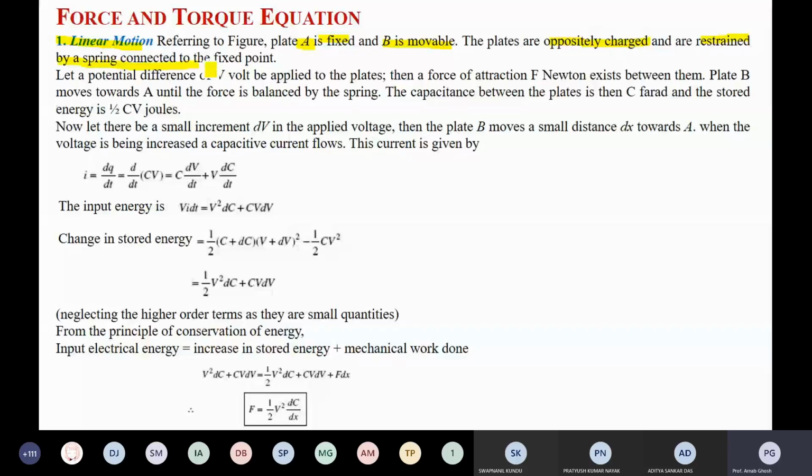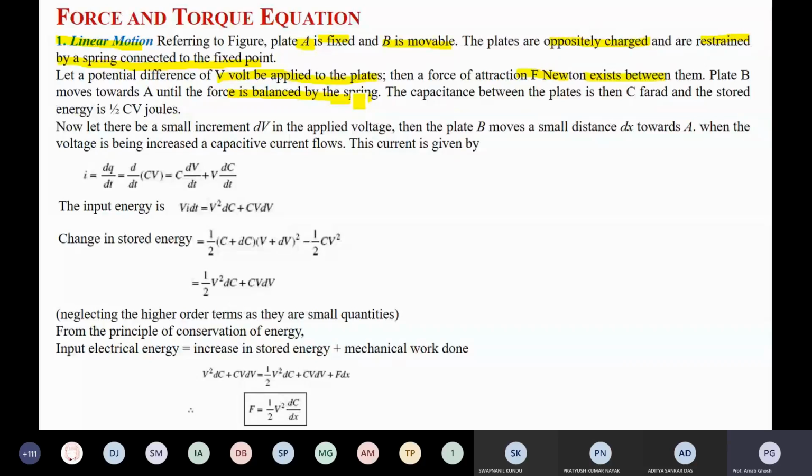Let a potential difference of V volt be applied to the plates, then a force of attraction F newton exists between them. The plate B moves towards A until the force is balanced with the spring. As per the charge strength, if a lot of charge is there on plate A, B tries to come nearer to A as fast as possible.